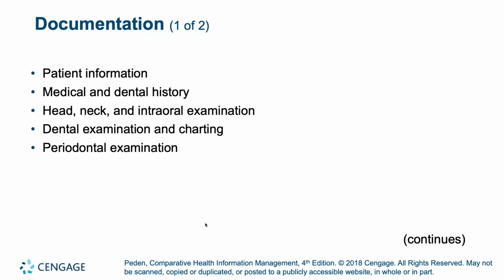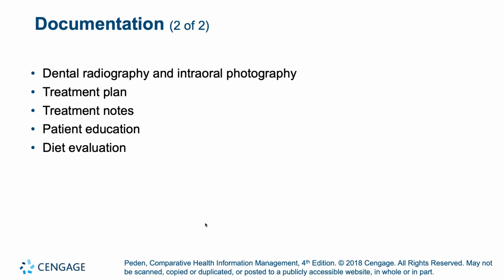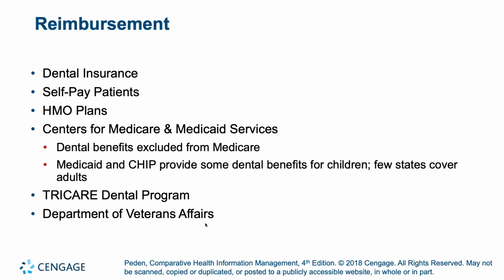So what do dentists document? Well, patient information, medical and dental history, head, neck, and intraoral exams, dental exams and charting, and then periodontal exams. They also take x-rays, those dental radiographs, and intraoral photography. Treatment plan, treatment notes, patient education, diet evaluation.